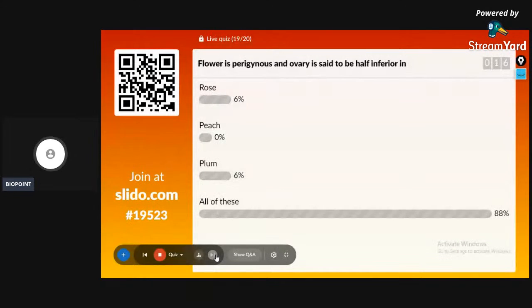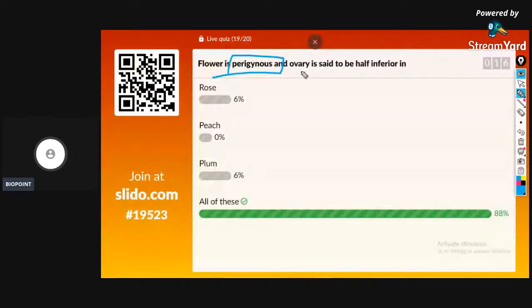The correct answer for the question is all of this. Flower is said to be perigynous and ovary is said to be half inferior in rose, peach, and plum. So the correct answer will be all of this. Last and the final question on the screen.